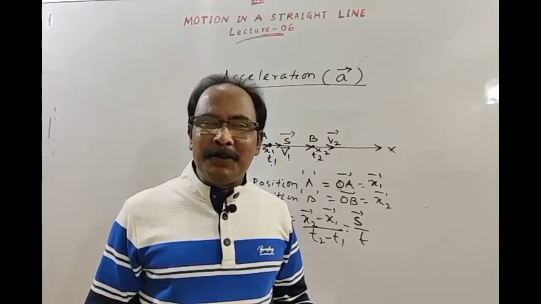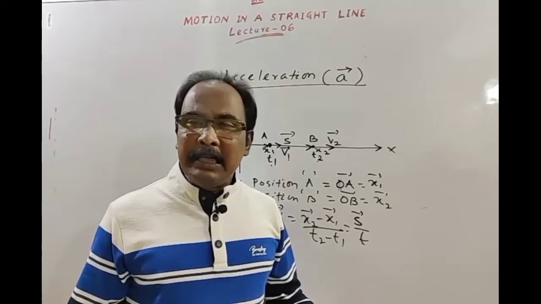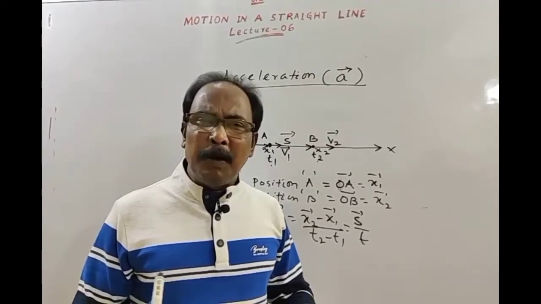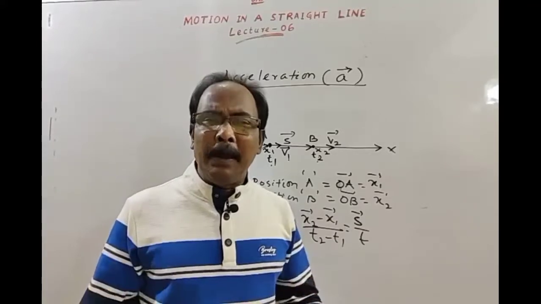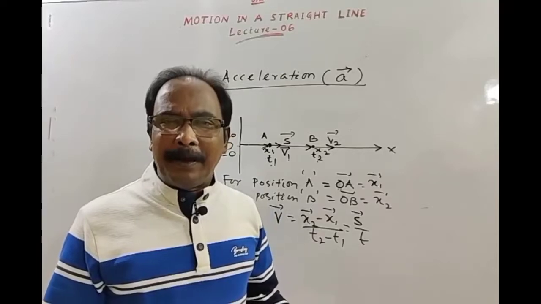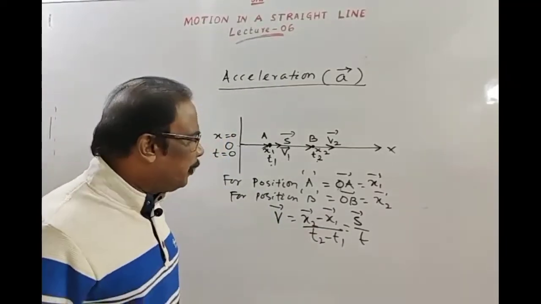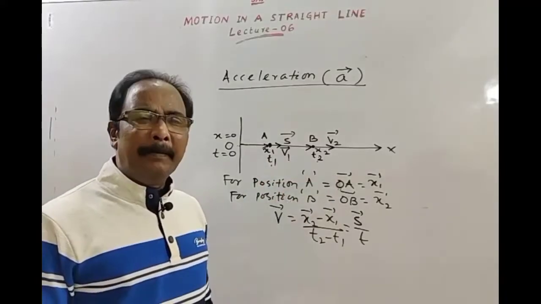Here v is final velocity, u is initial velocity, t is the interval of time, s is displacement. Again, in this subject we will learn how to derive those equations and how to use them to solve numericals. Finally, we may say acceleration is produced due to change in velocity.